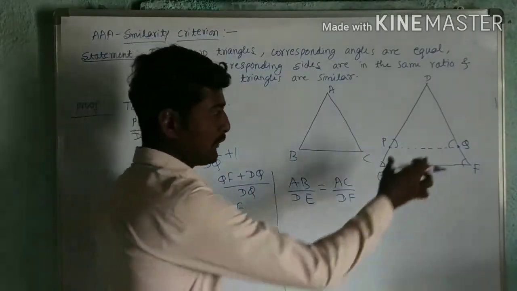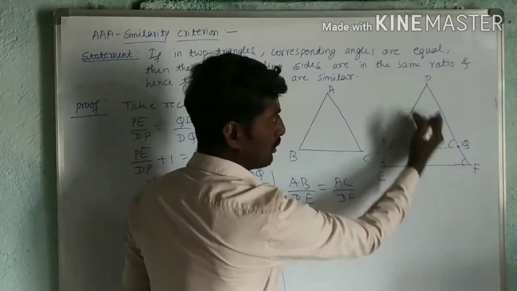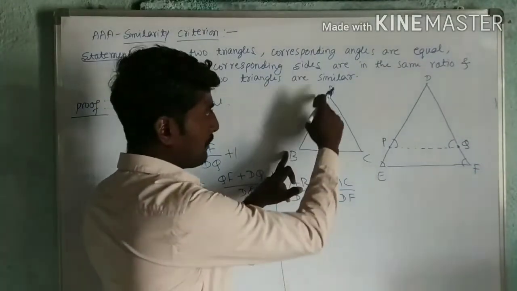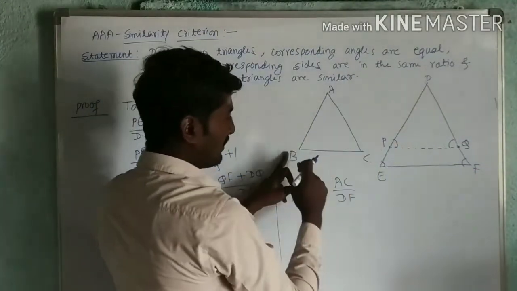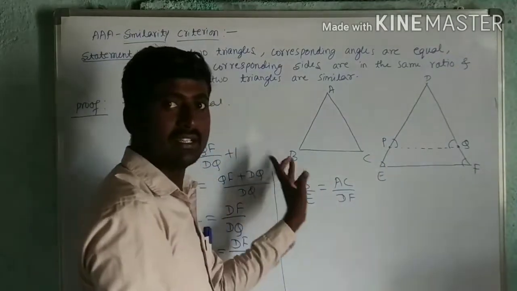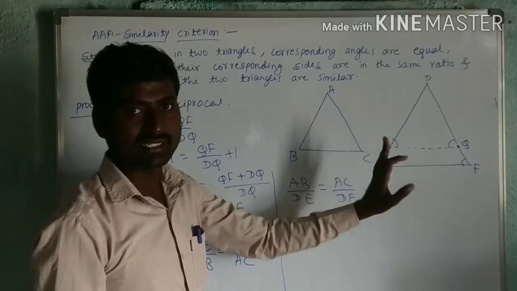Similarly, if we take PQ parallel to DF, we will get AB divided by DE equals BC divided by EF. So another two ratios will be the same.